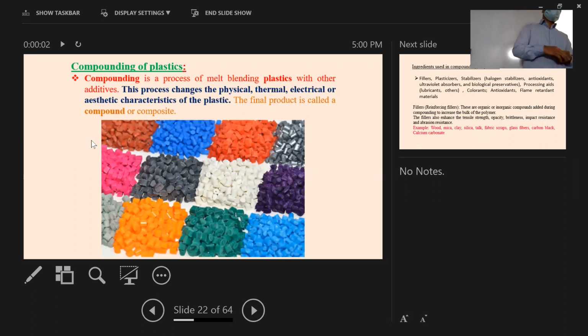So even up to that temperature you can use the gloves. So based on what property we need, or what kind of property we expect from the material, we have to add different types of additives so that we can change the property. Okay.